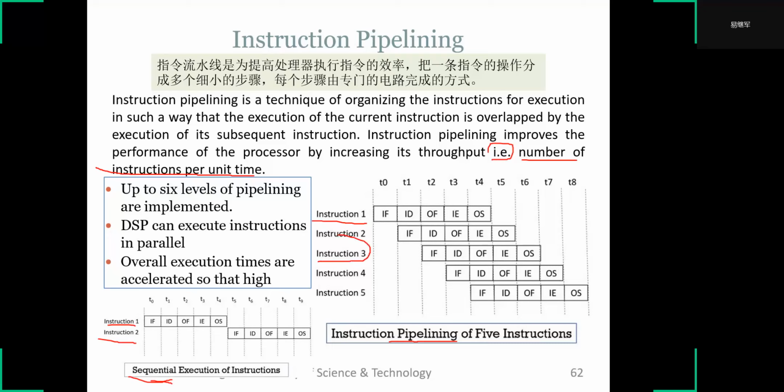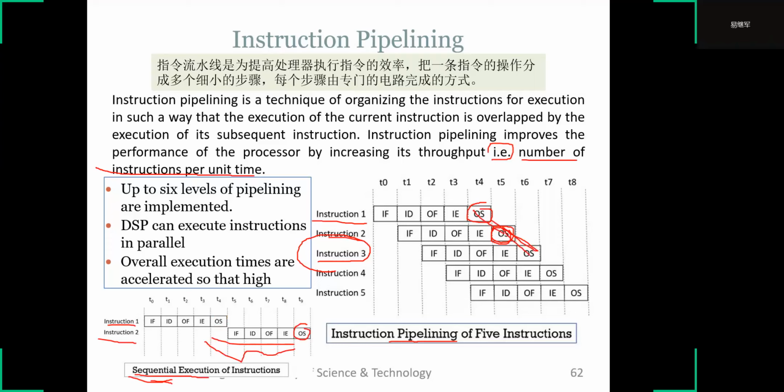Instruction 3 is started when instruction 2 is executing. So the output is produced with the minimum interval, which means here is the output, here is the output, here is the output. But for the sequence execution, the interval between outputs is bigger than this.